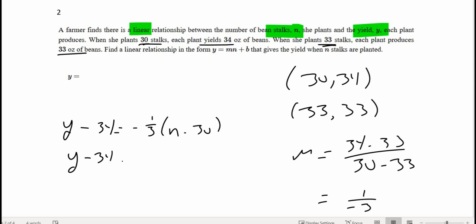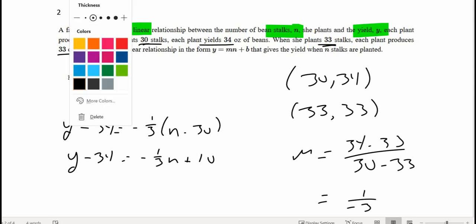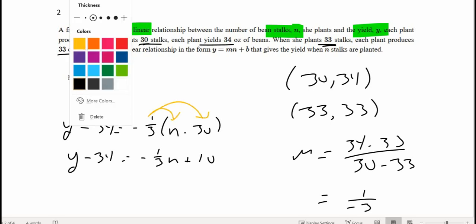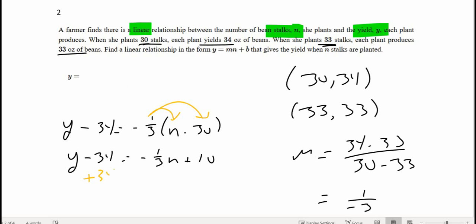So y minus 34 equals negative 1/3 n plus 10, because we distribute the 1/3 there. Now I'm going to add the 34 to both sides, so we have y equals negative 1/3 n plus 44.